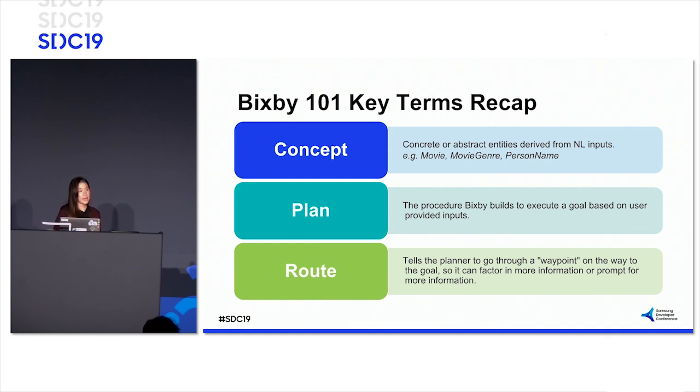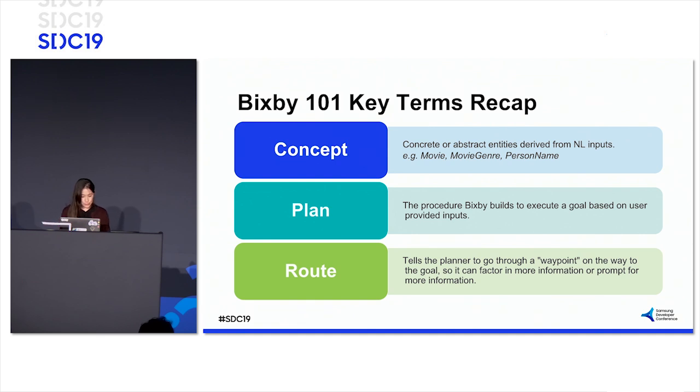It is the procedure that Bixby builds to execute a goal based on user-provided inputs. So if you had a chance to go to the dynamic program generation kiosk earlier, that's what we're looking at, the plan. Routes are a little bit more of an advanced topic for training, so we'll be talking about that later on in the session. But this is essentially what tells the planner to go through a waypoint to reinforce a goal and to pull in more information or prompts the user for more information to execute a goal.